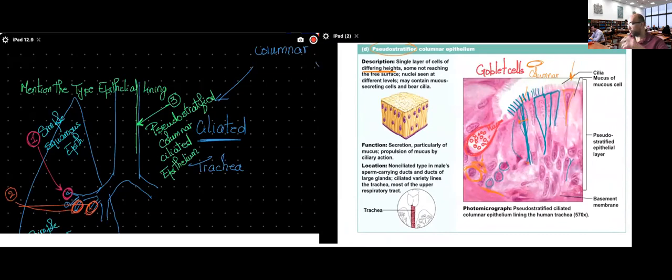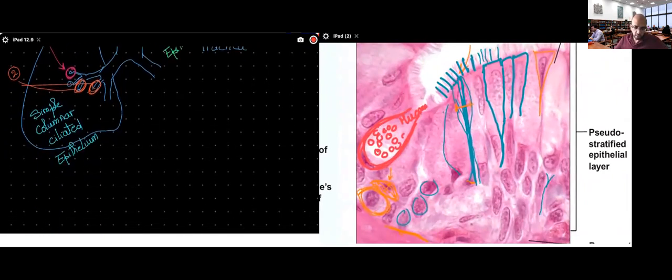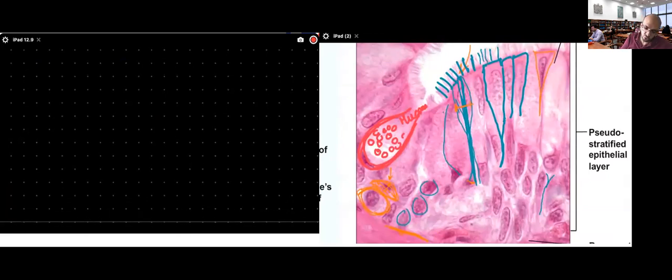So if you got this slide on the test, what is the best identification for the type of tissue? What would I mention? I would write down pseudostratified columnar ciliated epithelium with goblet cells.